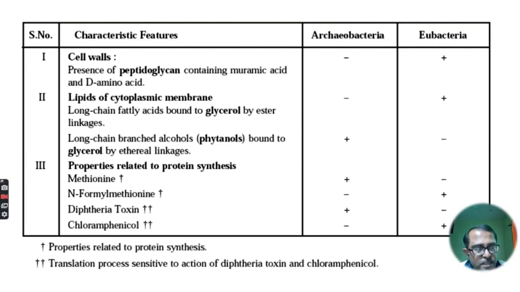When we observe the protein synthesis characters of these two bacteria, it is found that in Archaebacteria methionine is the first amino acid added during protein synthesis. But in case of Eubacteria, N-formyl methionine is the first amino acid added during protein synthesis.